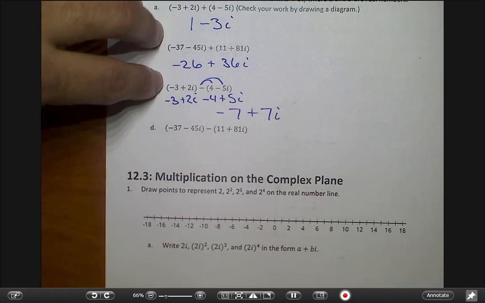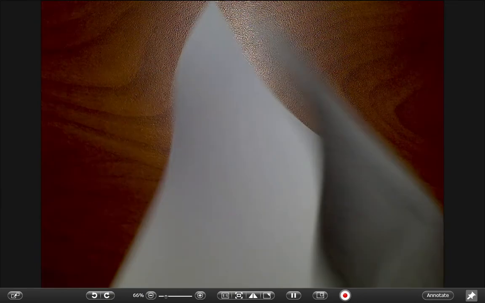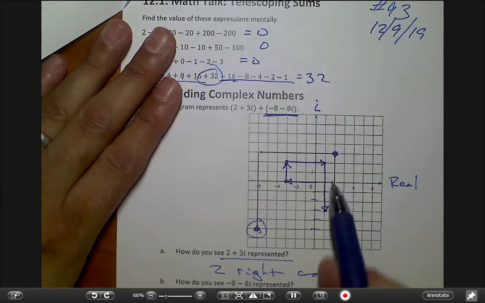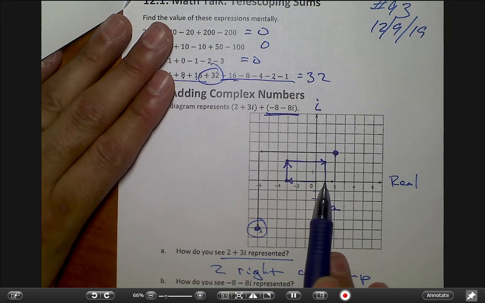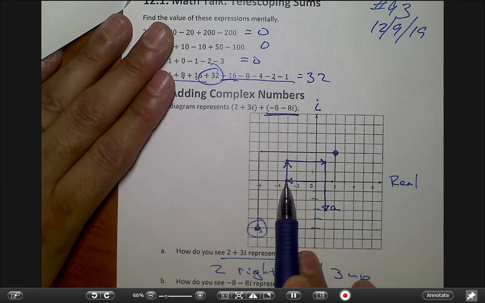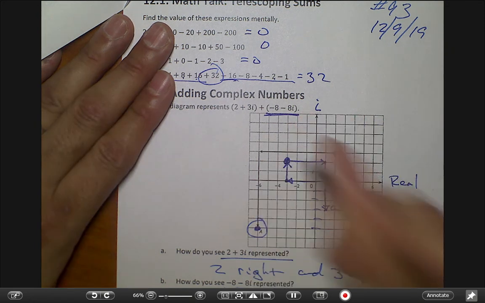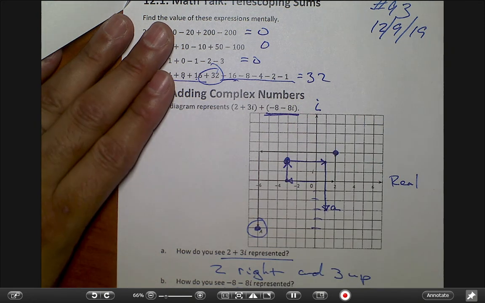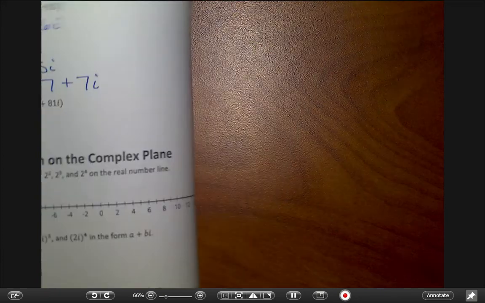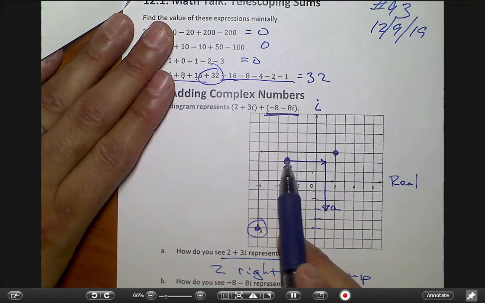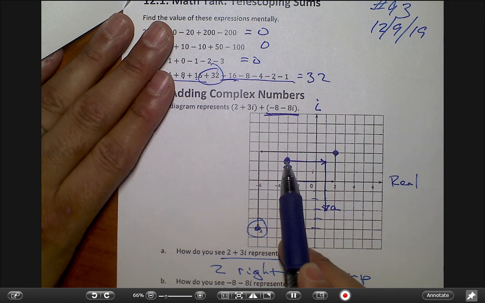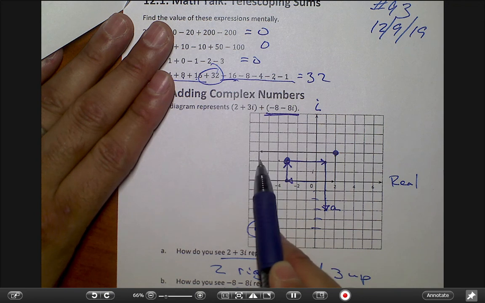All right, so let's see. It says negative 3 plus 2i. Let's go back over here. Negative 3, so that's left 3. 1, 2, 3, and it says up 2. Yes? Okay. So it puts us back at this point right here. And then from there, what did it say? Minus 4 plus 5, right? Minus 4, so that means I'm going to the left 4. 1, 2, 3, 4.